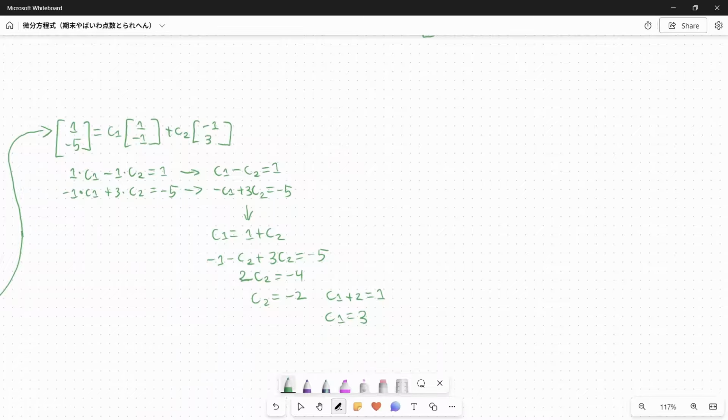Now, if you were to do this with a row reduction, you'd set up an augmented matrix that looks like this: 1, negative 1, negative 1, 3, bar, 1, and negative 5. Then you can do the row reduction. For this, I'm going to cancel out some stuff in the bottom row, so we can say that r sub 2 is equal to r sub 2 plus r sub 1, which gives us a new matrix that looks like 1, negative 1, 0, 2, bar, 1 and negative 4.